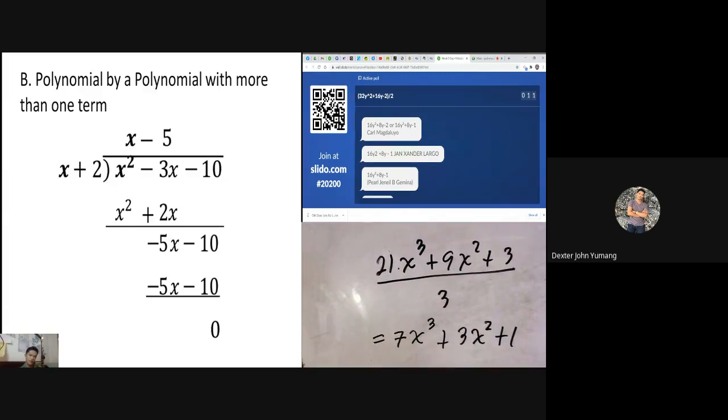Okay, kay Carl, pinalitan niya 16y squared plus 8y minus 2 or minus 1. Either of the two, hindi niya daw alam paano isolve yung pinakalas. Okay, 8y raised to the power of 1 plus 8y minus 1. Kanino po yan? Okay, last 1 minute.